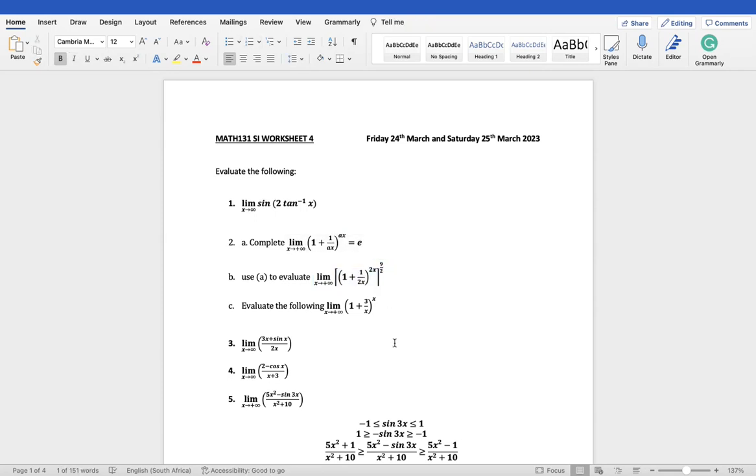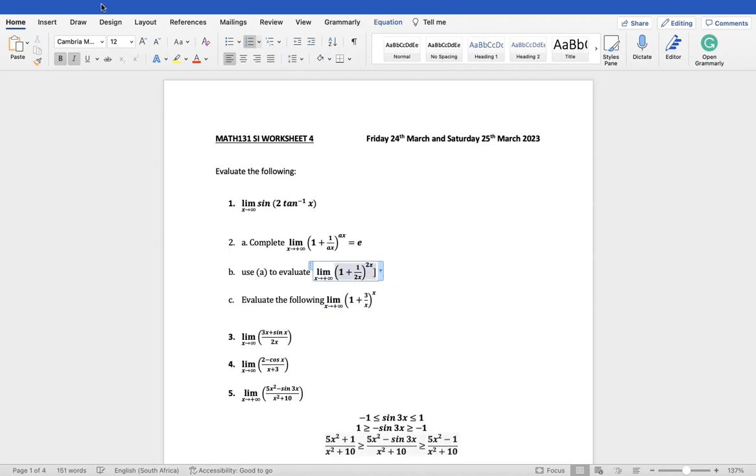That should be your final answer. The same applies for this one. You just have to manipulate it. Okay, so attempt that in your own time, and you should be able to solve this easily. Right.